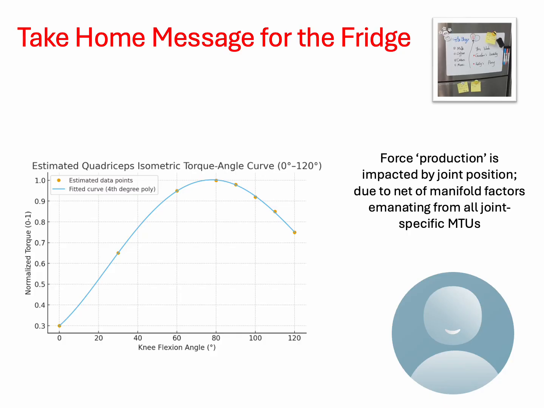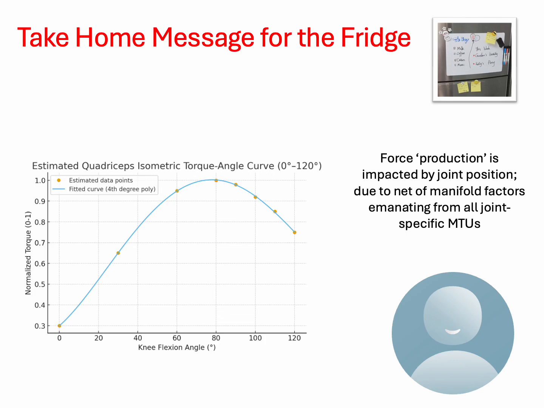This is a team outcome. And this relationship matters. It matters during rehab. Clinicians may want to avoid training at joint angles where muscles are weakest or joints are vulnerable. It matters for performance, perhaps loading muscles at angles where they're weaker or stronger, depending on the goal of the session.